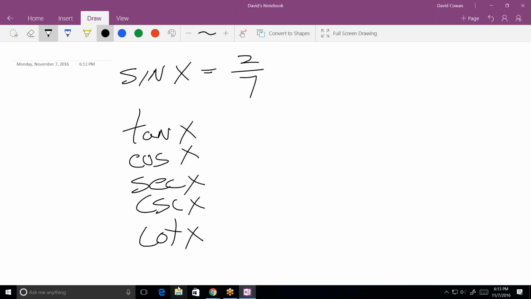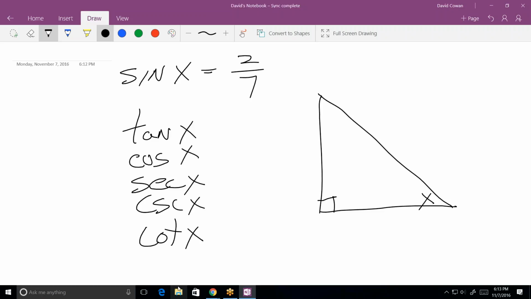Well, the way you always answer these questions is by drawing a right triangle and labeling x. And then label as much of the triangle as you can. Well, that has to be 2. That has to be 7. That makes this square root of 49 minus 4, square root of 45, which can be reduced, but I won't because it's not the final answer. Let's reduce it.